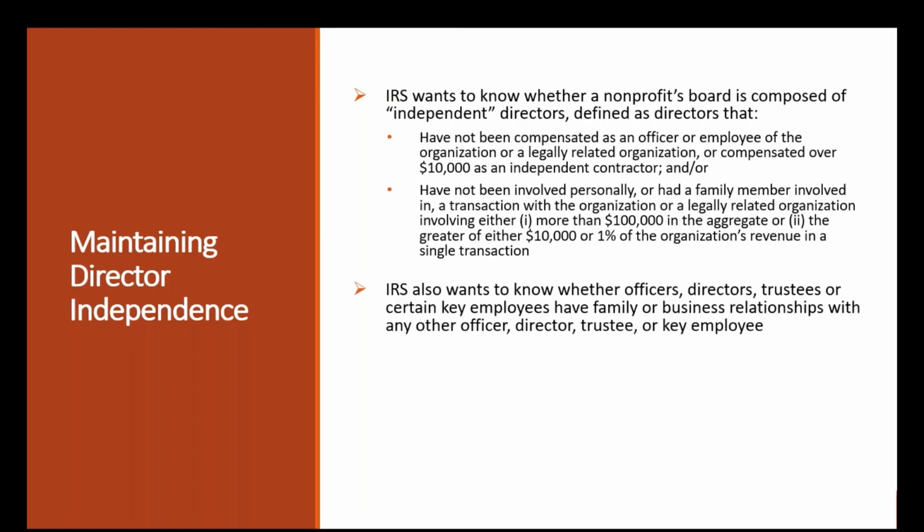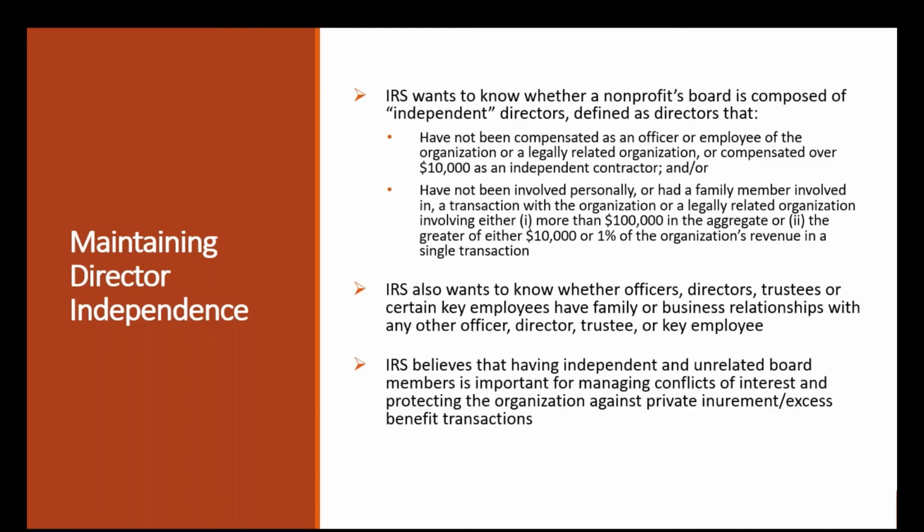The IRS also wants to know about whether any officers, directors, trustees, or employees have family or business relationships with other officers, directors, trustees, or key employees. The gist here is that the IRS believes that having independent and unrelated board members is important for managing conflicts of interest and for protecting the organization against private inurement and excess benefit transactions.